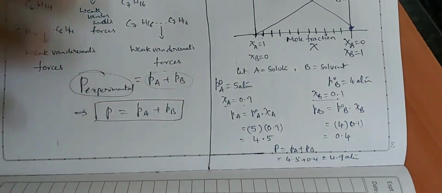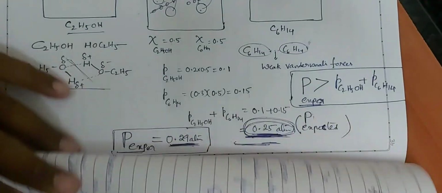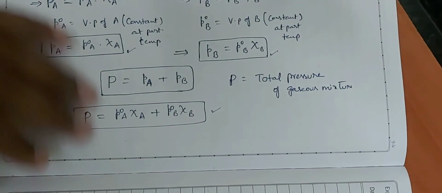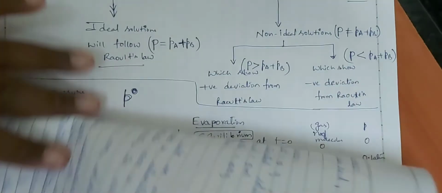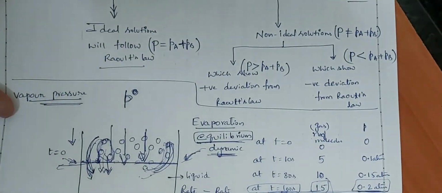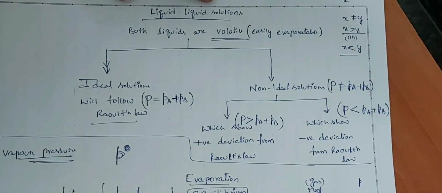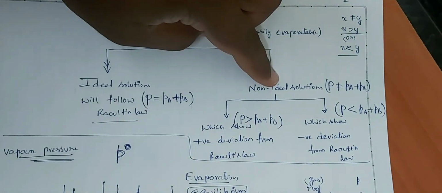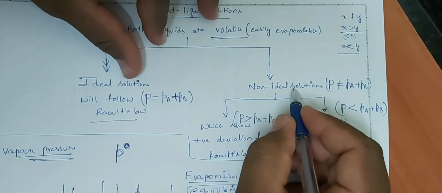Initially we have seen one tabular column. Coming to this tabular column, liquid solutions are of two types, ideal solutions, non-ideal. These are nothing but azeotropic mixtures.